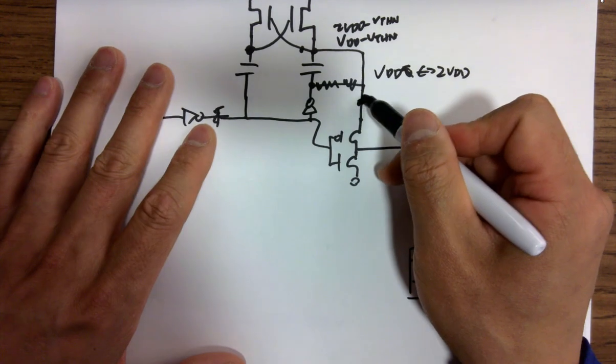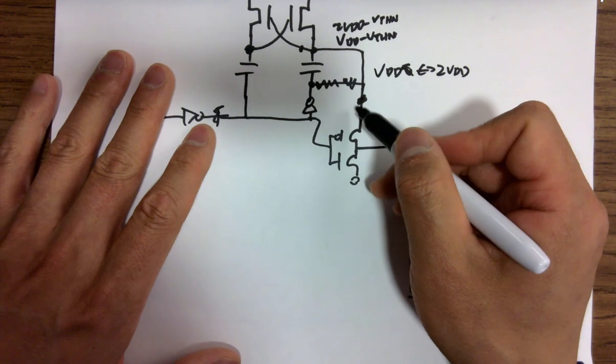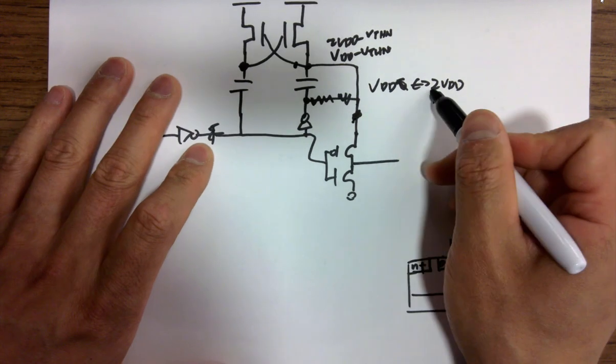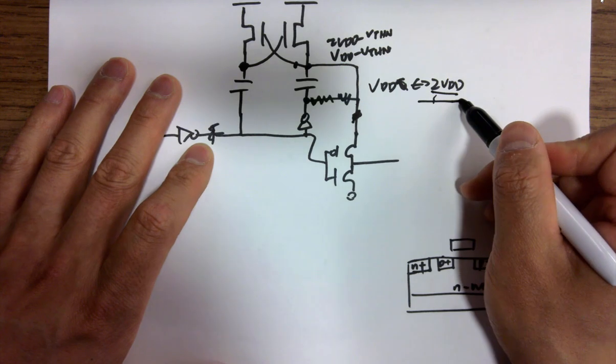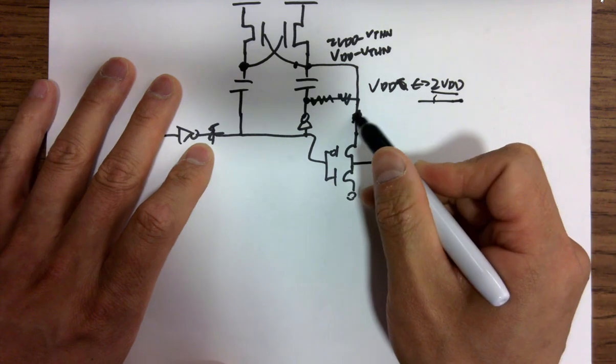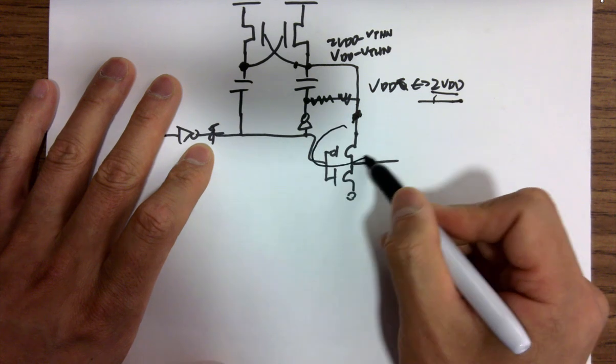Because this is the source, you only care about the source. It doesn't matter source or drain, just one terminal of the channel. If this one has a voltage higher than the highest potential of the circuit, as 2 VDD, this point needs to be taken care of, and this transistor needs to be taken care of.